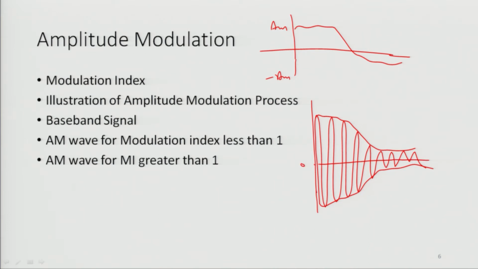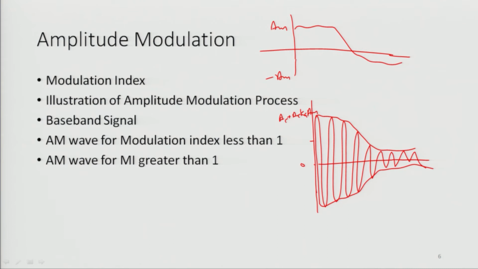When modulation index is less than 1, this point is going up to the maximum V max, that is Ac plus Ac ka Am. And ka Am is less than 1, then Ac plus Ac, that is maximum 2 Ac.